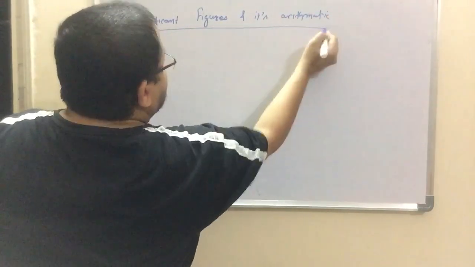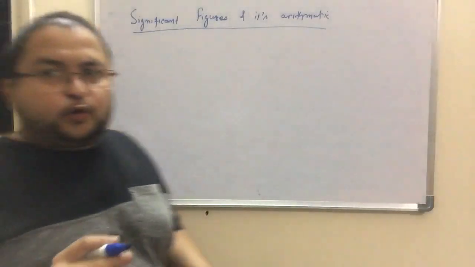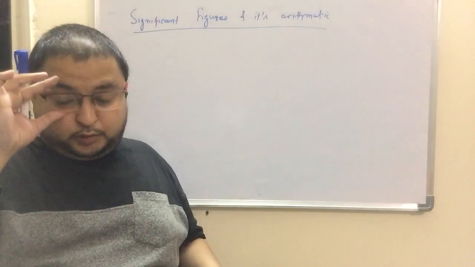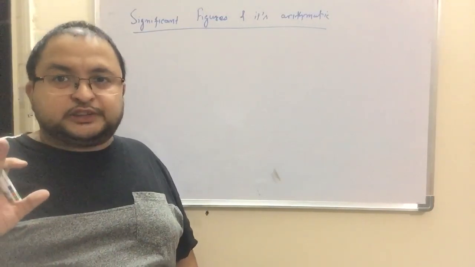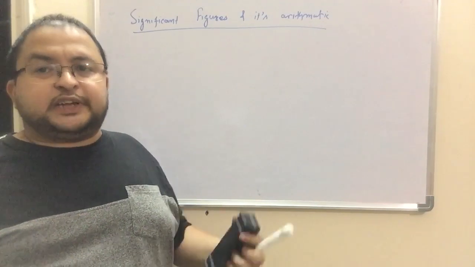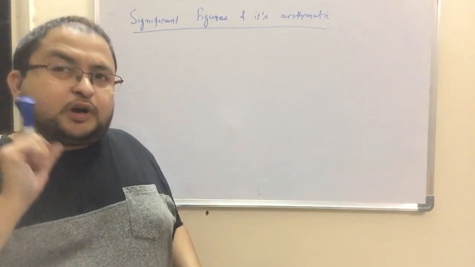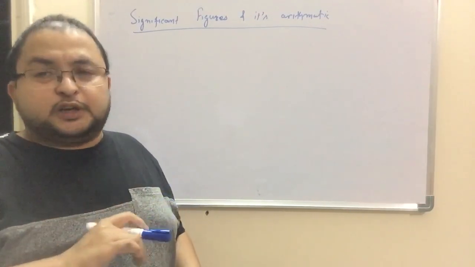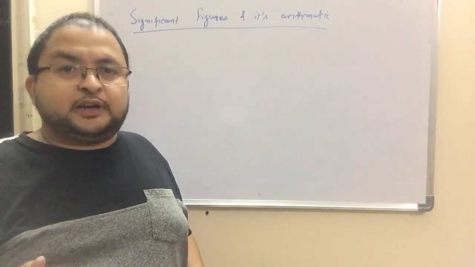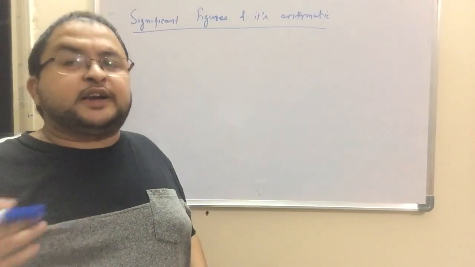Okay, so again, what is the meaning of significant figures and errors? I would leave some part of this for you guys to get used to in your lab with the physical instruments, but I would discuss here the pointers which would help you to answer the numerical problems which you may get in your entrance exams.